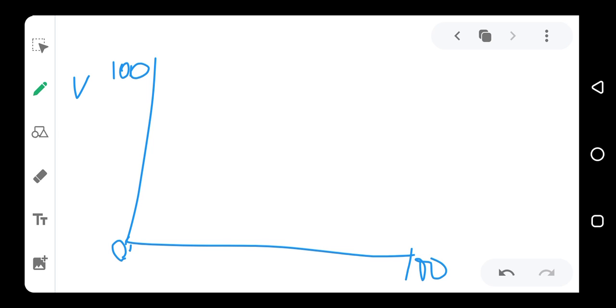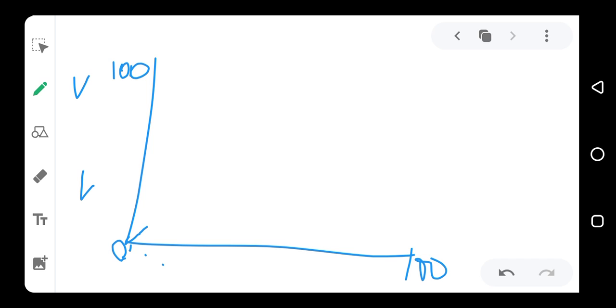So if the car is not moving, its speed is 0. Anything that is not moving has velocity or speed of 0. Now, when the car starts moving, the velocity will change and the distance will change.